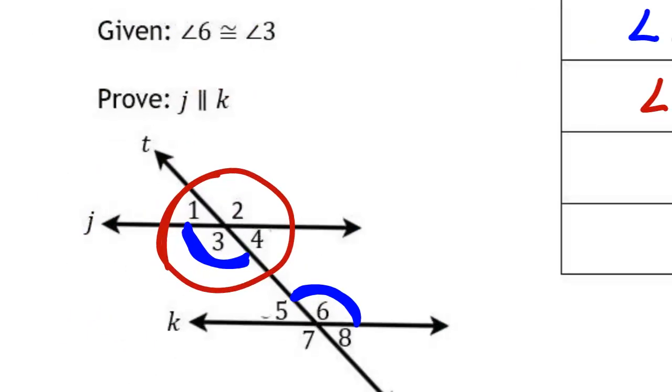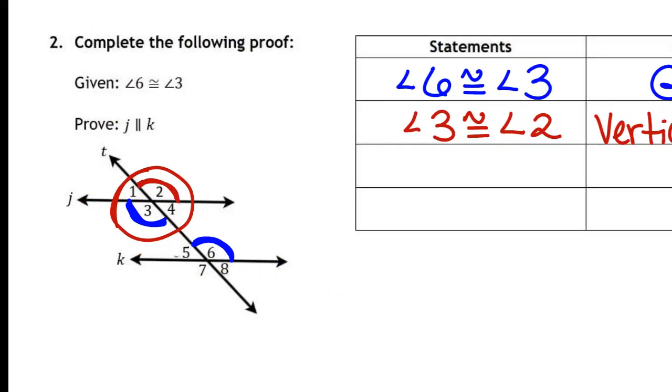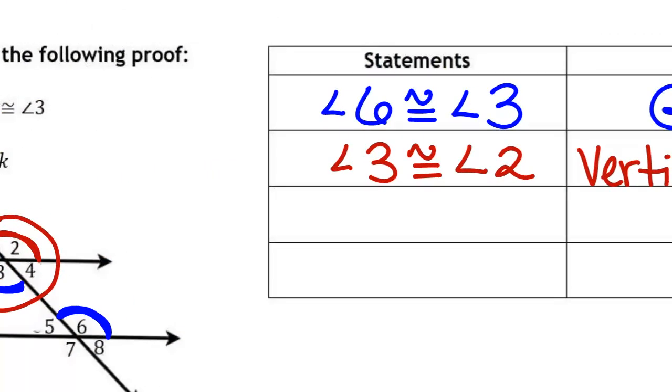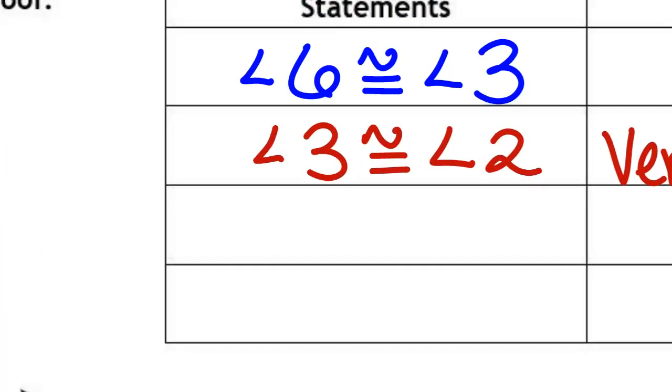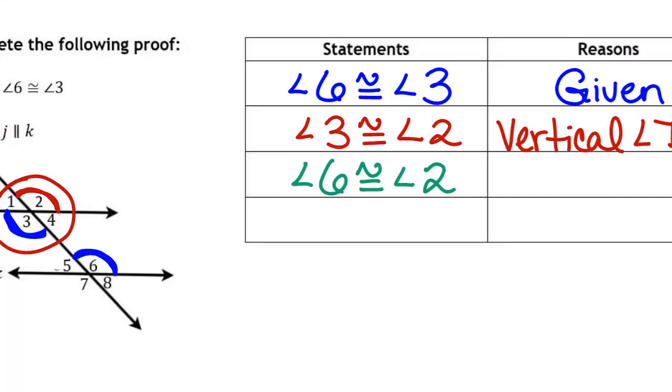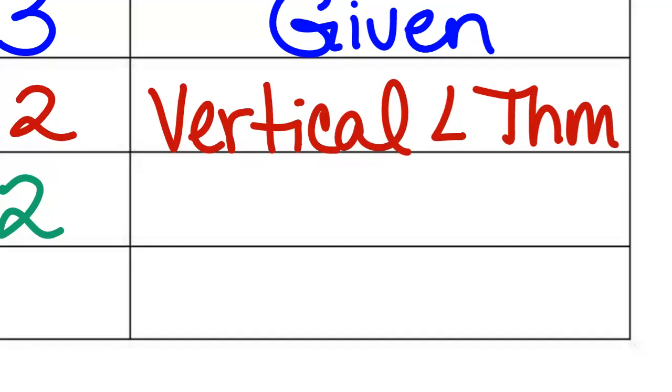Well, if 6 is the same as 3, and 3 is the same as 2, then what else would have to be true? Yep, 6 is congruent to 2. What did we just use to be able to say that? Transitive property.